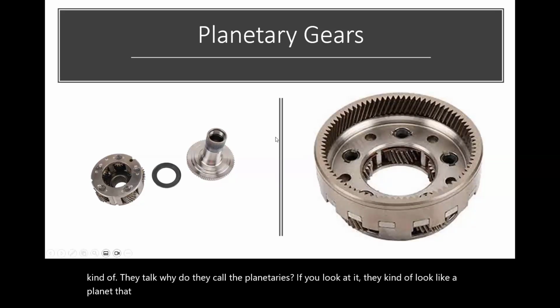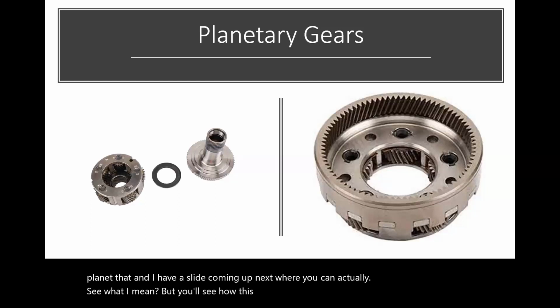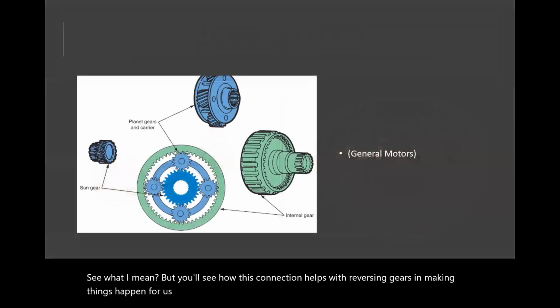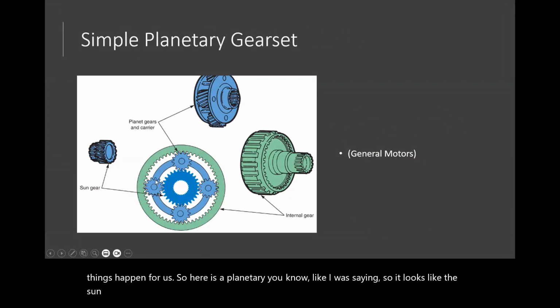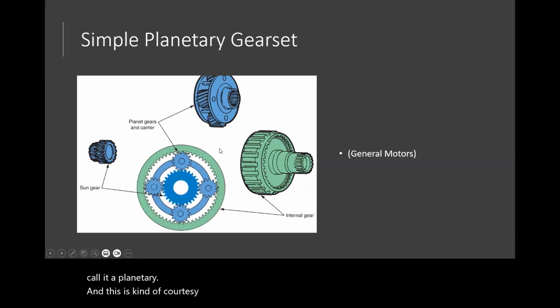I have a slide coming up next where you can actually see what I mean. But you'll see how this connection helps with reversing gears and making things happen for us. So here is a planetary, like I was saying, so it looks like the sun, and then you have the different planets going around in orbit around it. That's why they call it a planetary. And this is courtesy of General Motors right here.